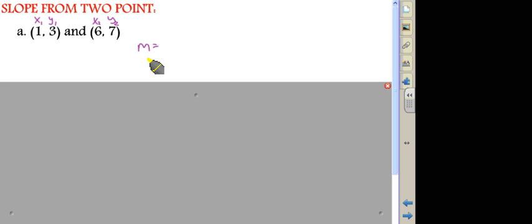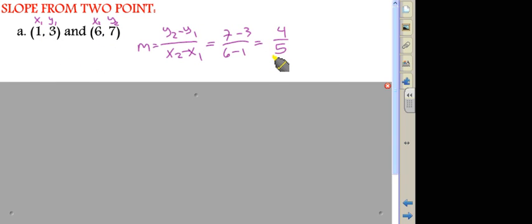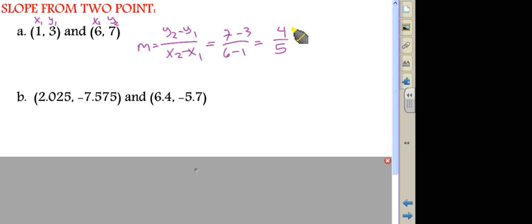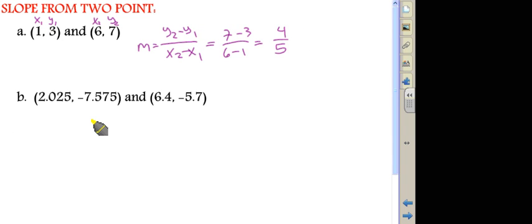So now I'm going to do the slope: y2 minus y1 over x2 minus x1 equals 7 minus 3 over 6 minus 1. I do the top part, I do the bottom, and I'm done. Make sure the fraction's simplified. Don't leave it the way it is if it needs to be simplified. This one doesn't. 4/5 doesn't simplify. So now we go to the second one. Get a calculator out for this one. Can't do this one in your head.